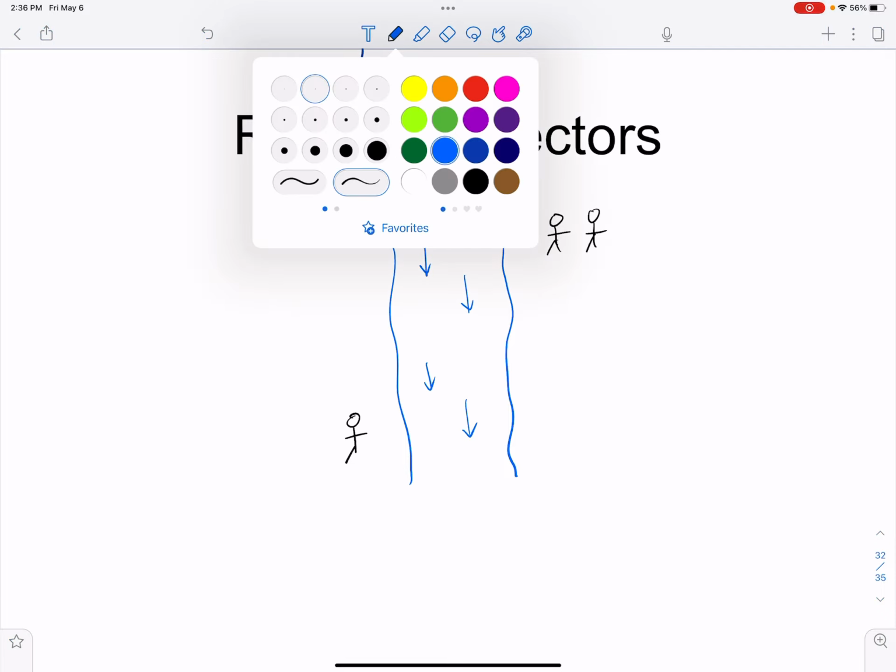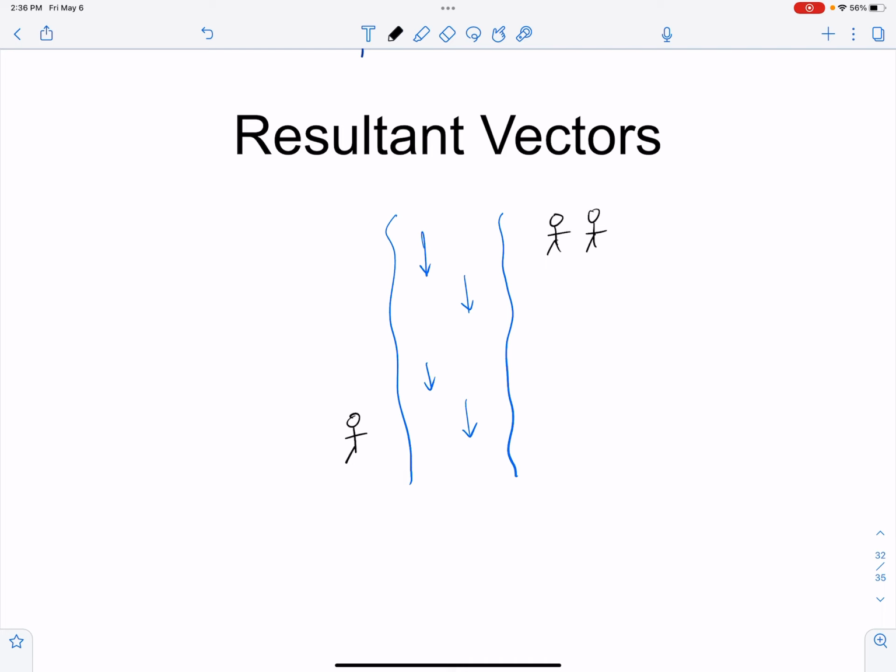You have the goal of swimming from one side of the river over to your friends. So you get in the water and you start swimming as hard as you can to get over there to make up for the current. So you're trying to swim upstream.